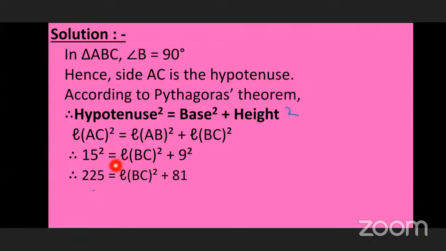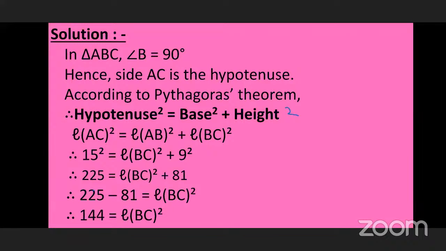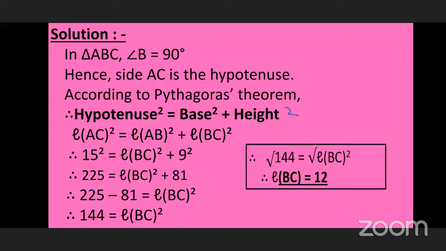Again, we will keep the numbers on one side and the letter on another side. So 225 minus 81 equals length of BC square. After subtracting, we will get 144 equals length BC square. Now we have to remove square. So for removing square, what we have to put on both the sides? Square root. Yes, we have to put square root on both the sides.